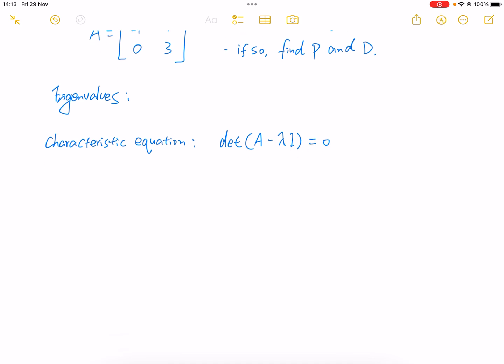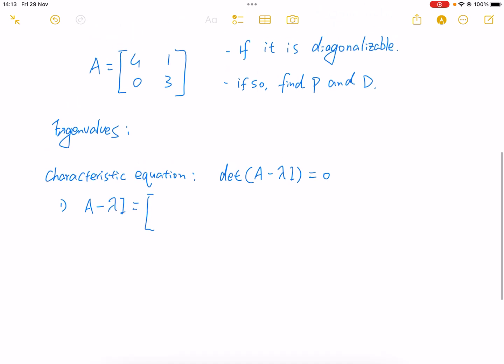First, we subtract lambda from the diagonal elements of A, which gives 4 minus lambda, 1, 0, and 3 minus lambda equals 0.